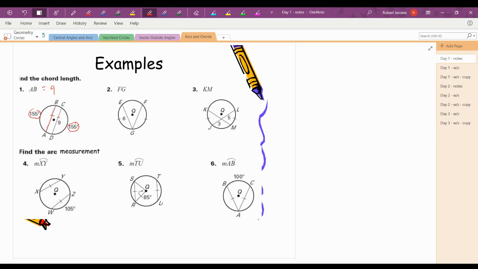Let's look at number 3. Here's our chord. That chord is 8. So LJ is 8. And look at its arc. It's the arc marked 1 plus JM.